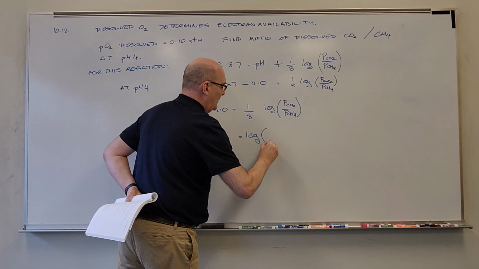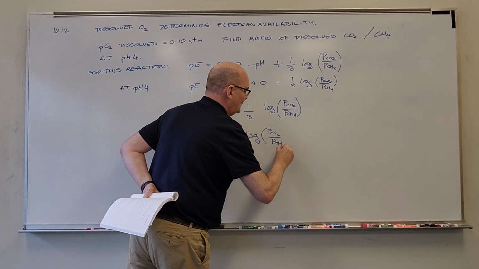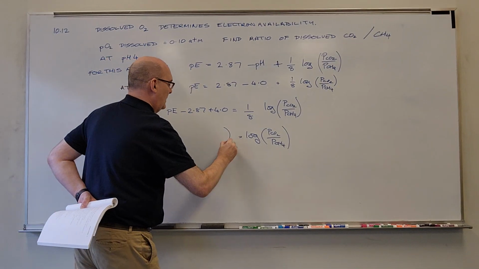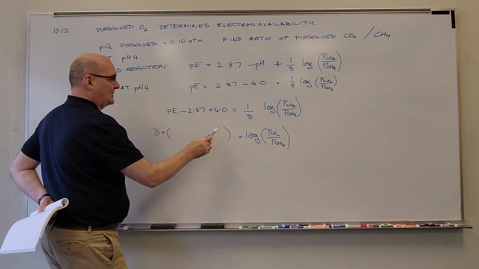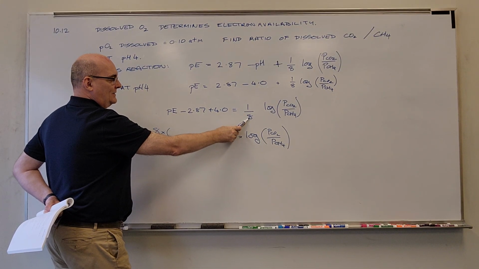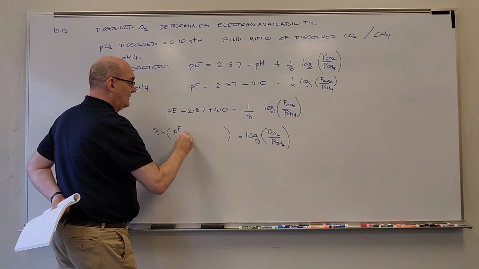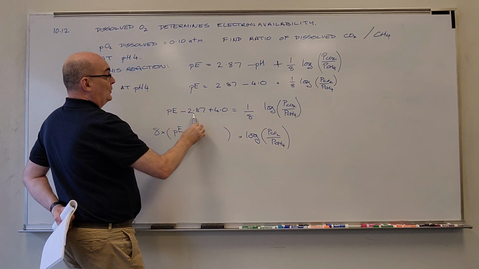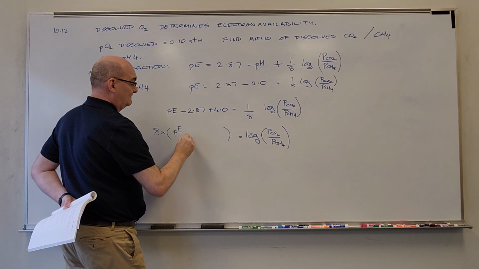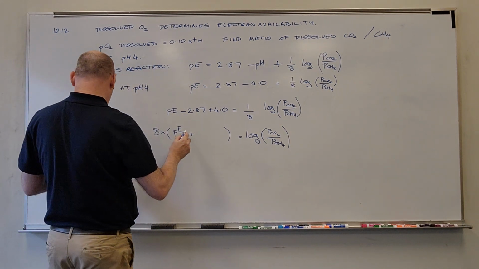So then the log of PCO2 over PCH4 is 8 times this, because moving this 8 across, since it's a denominator here, it becomes a numerator on this side. PE. All right, 2.874 minus 2.87 equals plus 1.13, right? 1.13, yeah.